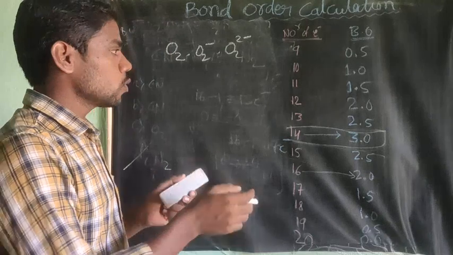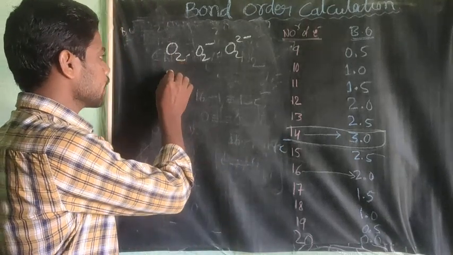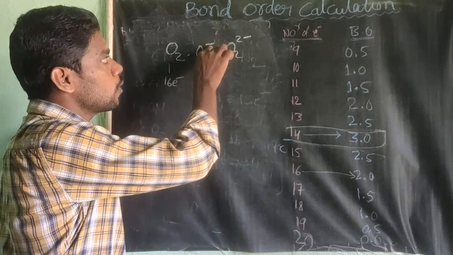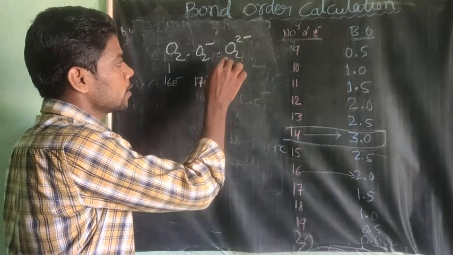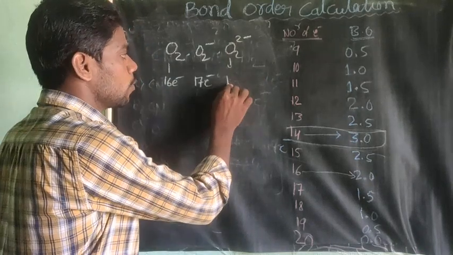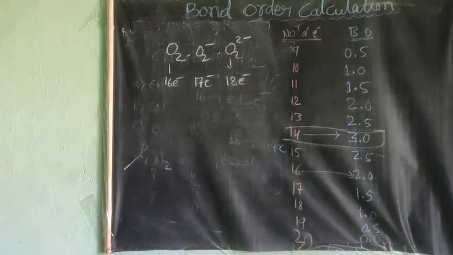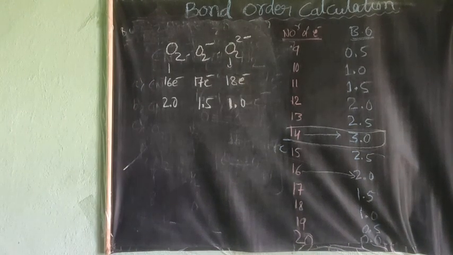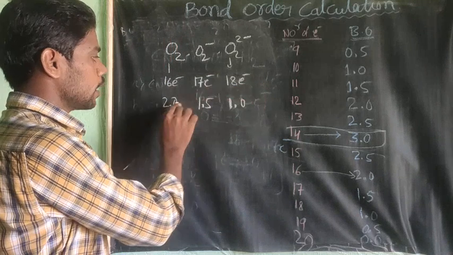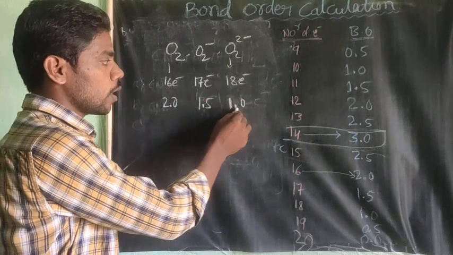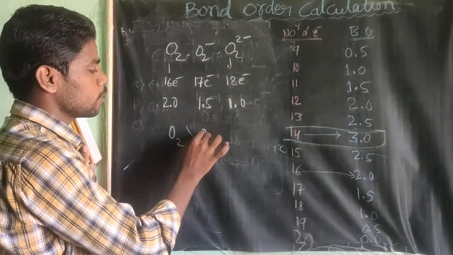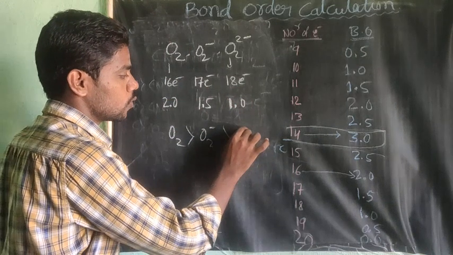For this question, first calculate the bond order. O2 has 16 electrons. For O2 minus, 1 negative charge means add 1 electron, 17 electrons. Next, O2 2 minus is 16 electrons plus 2 electrons, 18 electrons. The number of electrons are 16, 17, 18, and the bond orders are 2.0, 1.5 and 1.0. Therefore O2 is greater than O2 minus, which is greater than O2 2 minus.